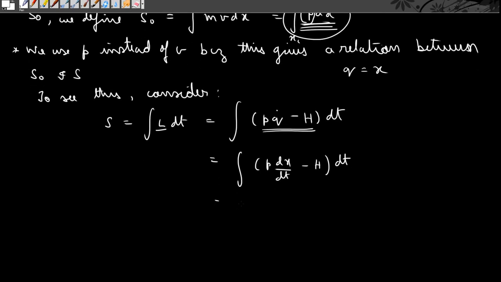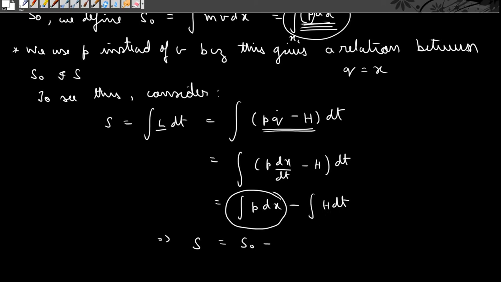Now this becomes equal to the integral of p dx minus the integral of H dt. But the first term is nothing but what we defined as our abbreviated action, which means our Hamiltonian action is going to become S equal to S naught minus the integral of H dt, since our total energy is fixed, the Hamiltonian is going to be a constant because of the conservation of energy.